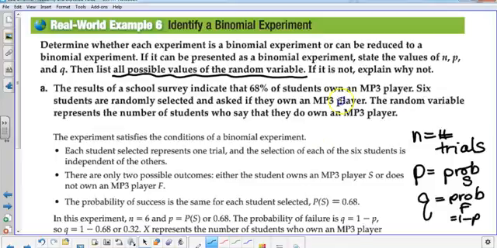Okay. So N is the number of students asked, which is 6, right? Okay. P is the probability they say yes, 0.68. Q is the probability they fail or say no, which was 0.32. Now we're supposed to figure out what the random variable is.